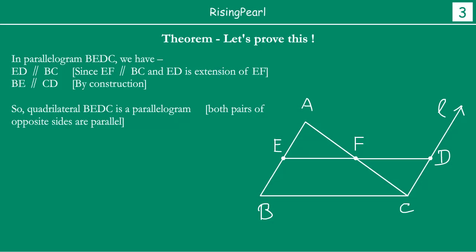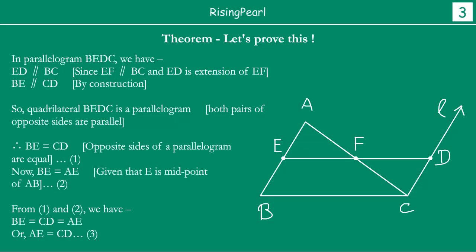Now friends, if this is a parallelogram, then what do we get? Therefore BE is equal to CD. So if this is a parallelogram, then this is equal to this. Why? Because we know opposite sides of a parallelogram are equal and parallel, right? So BE is equal to CD, and also BC is equal to DE. Now we are going to focus on this first.